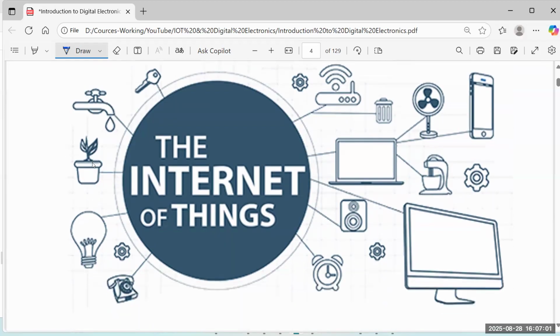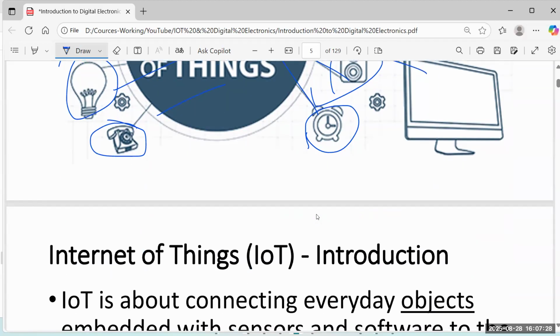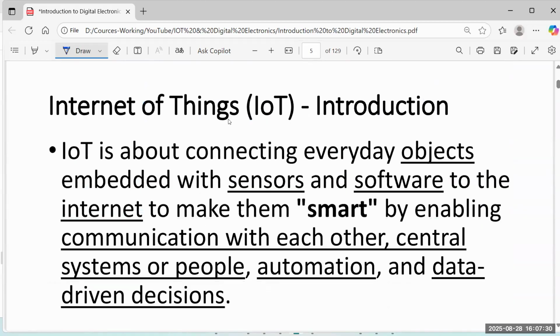So things are getting smarter and smarter. That means things are getting more and more electronic. When they're electronic, we can let them communicate with each other through networks, the internet, and we can also connect our computer networks to that. So then we call it Internet of Things. Right. So what is Internet of Things?